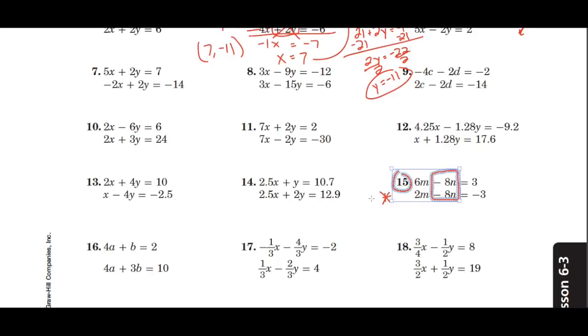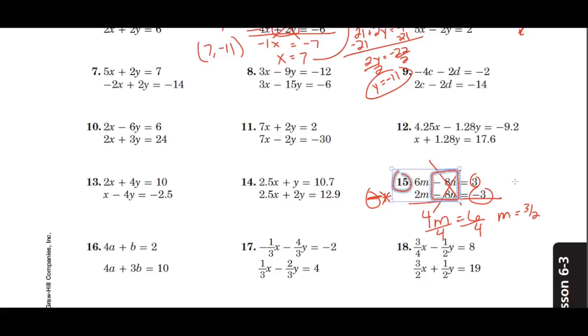I want to subtract those two, so I get negative 8n take away a negative 8n, which is negative 8n plus 8n, which is 0, therefore eliminating it. So 6m minus 2m is 4m. 3 take away a negative 3 is a positive 6. So 4m equals 6. Divide by 4, divide by 4. m equals 3/2 when I reduce.